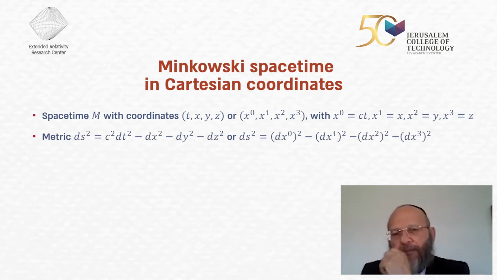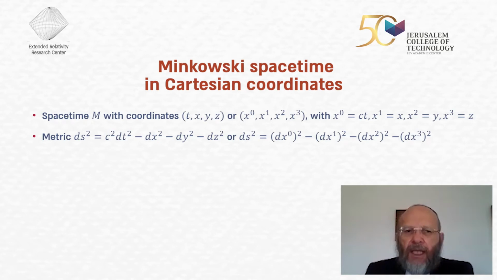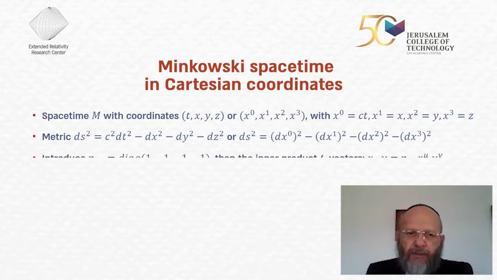Now we have seen in the previous lecture that there is an invariant metric, which means a metric that is preserved by the Lorentz transformation. It is ct squared minus dx squared minus dy squared minus dz squared. Or this can be written as x0 squared minus x1 squared minus x2 squared minus x3 squared.